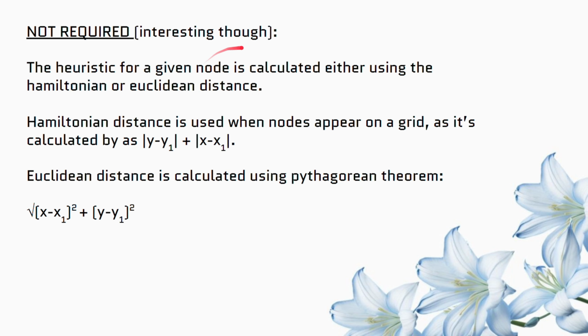So the heuristic in the A star algorithm is basically how far it is to go from the start node to the actual node in terms of Hamiltonian or Euclidean distance. But the Hamiltonian distance is just the changing coordinates. Like if you have a grid like this, and you want to go from this here to here, it's 1, 2, 3, 4, right?